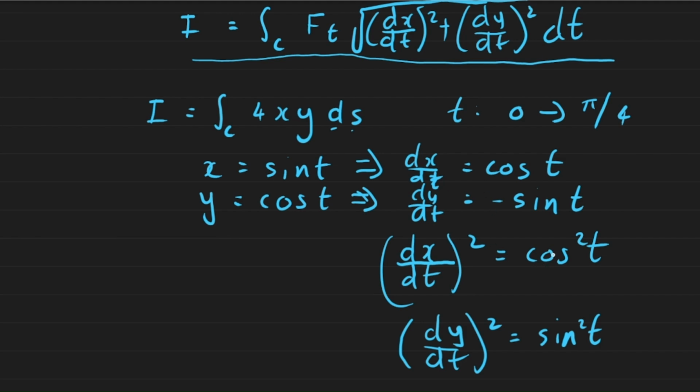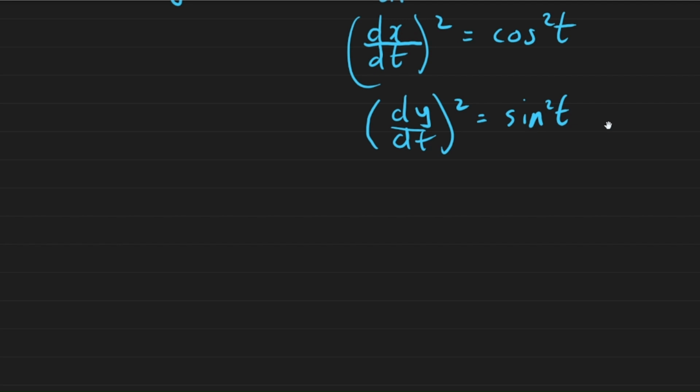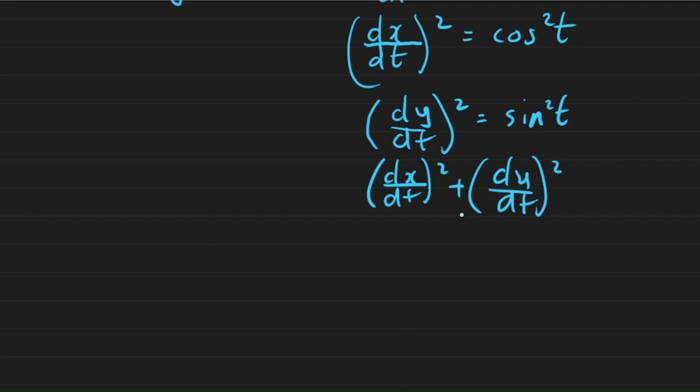So cos squared t plus sine squared t is simply going to give us 1 through the trigonometric identity. Let's just write it first. So dx dt squared plus dy dt squared is equal to cos squared t plus sine squared t, which is equal to 1.